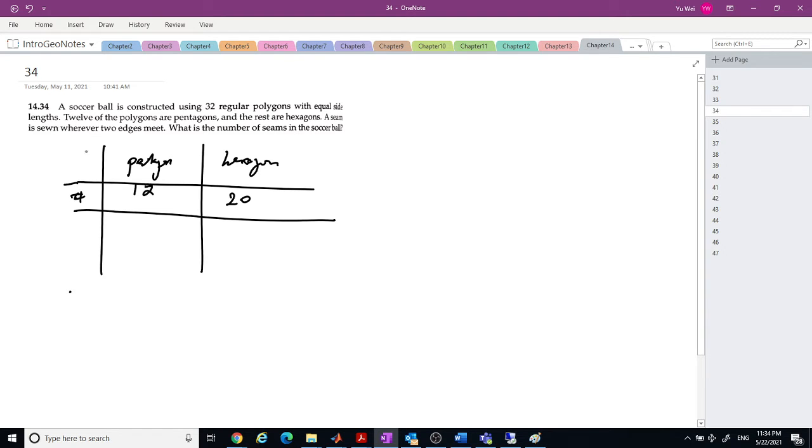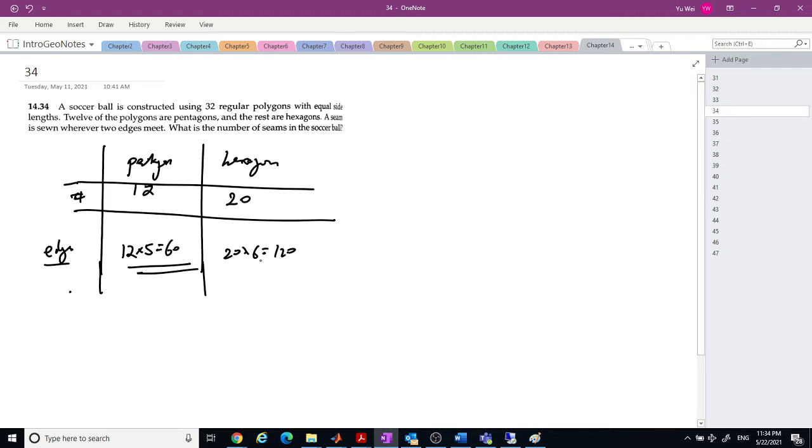The seam is shown whenever two edges meet, so how many seams is how many edges, right? Let's count the edges separately first. We have 12 times 5, which is 60 edges, and 20 times 6, which is 120 edges.